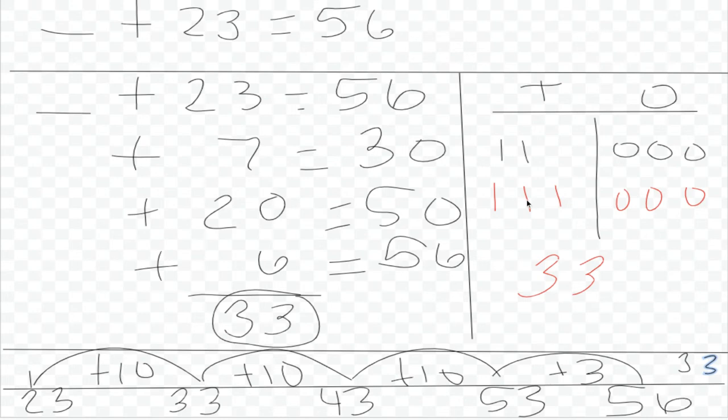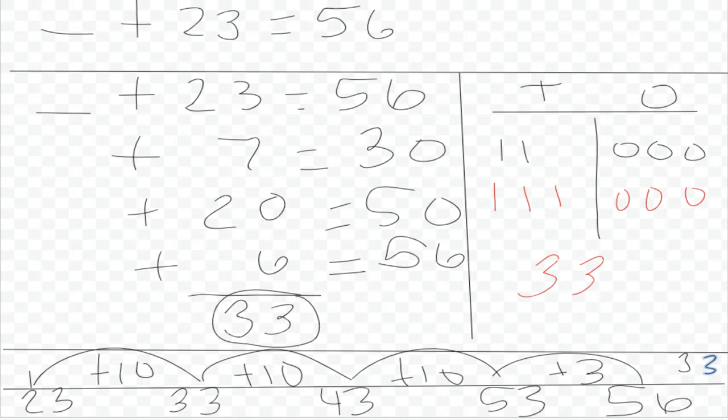Another 10, which would give me 43. Another 10, which would give me 53. I'm still not at the total of 56, so I added some ones, which would make 54, 55, and 56. In red, you can see the amount I added to the 23 that was already there. So my answer once again is 33.